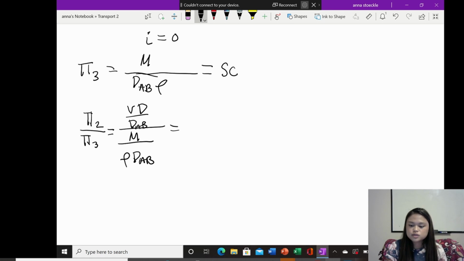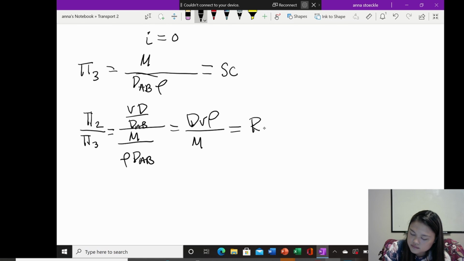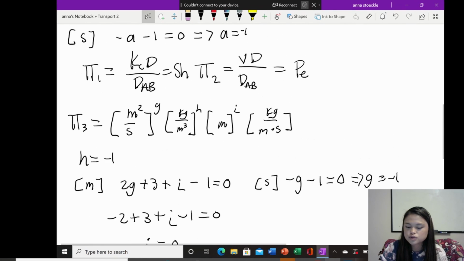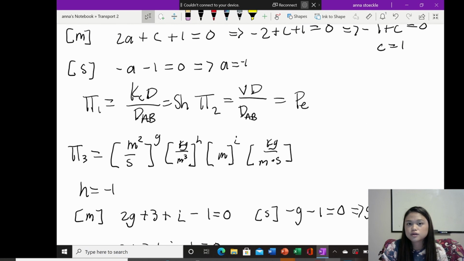And if we reduce this, then we can get it to that diameter, velocity, and density on the numerator, and that viscosity on the bottom, which is the Reynolds number in terms of those variables. So that's how we can get these dimensionless groups, and later we will use these dimensionless groups to relate to one another in an equation.